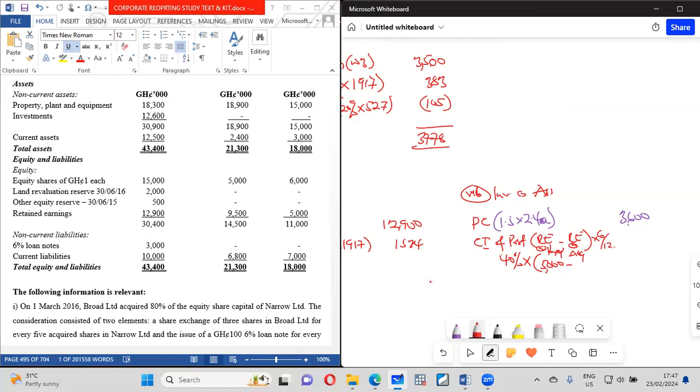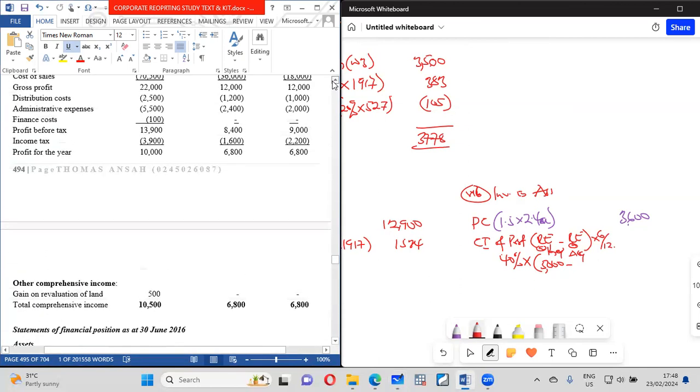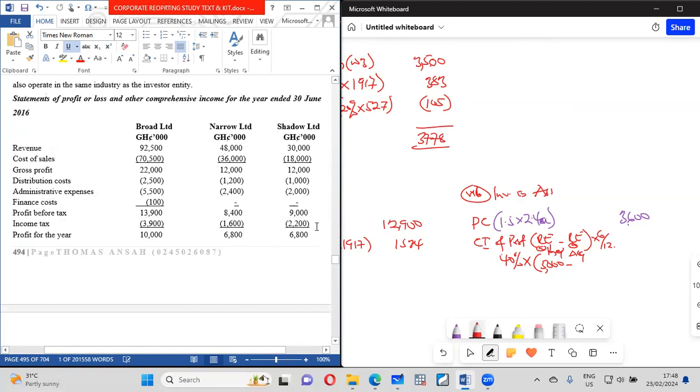At acquisition, we don't really know the retained earnings at acquisition because we were not given it. So what do we do? When we go up there, you will see that there is post-acquisition profit, and we can find our post-acquisition profit from here. So it means that we are safe to say 40%, and we bought this in 6 months. All right, this is the profit for the year.